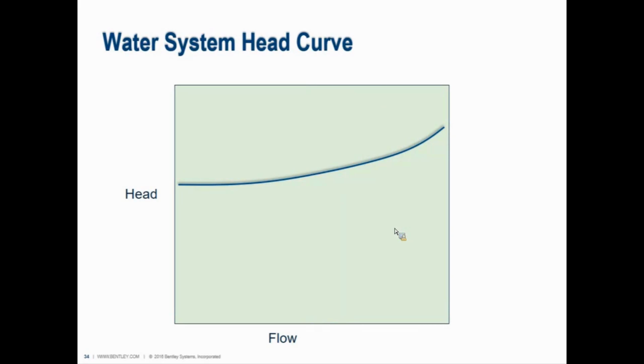System head curves. I'll talk to you a little bit more about system head curves. Haven't given them enough justice here yet. As tank water levels change, the system curve is going to change because simply the positive energy in the system has been reduced. So in this case, there's a low tank water level and a high tank water level.